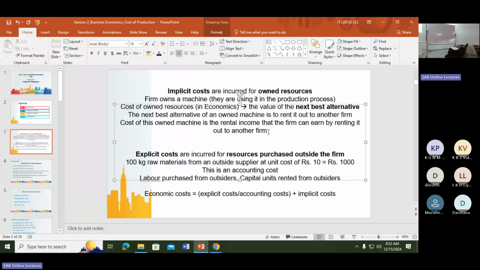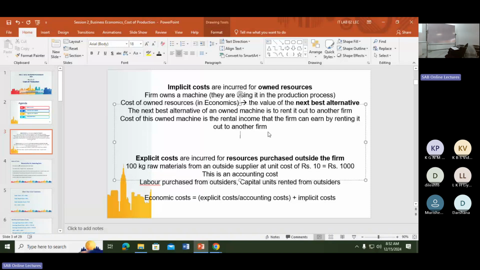The owner provides his efforts free of charge. Owner's effort is an own resource because the owner doesn't take any payment from the firm for his efforts.